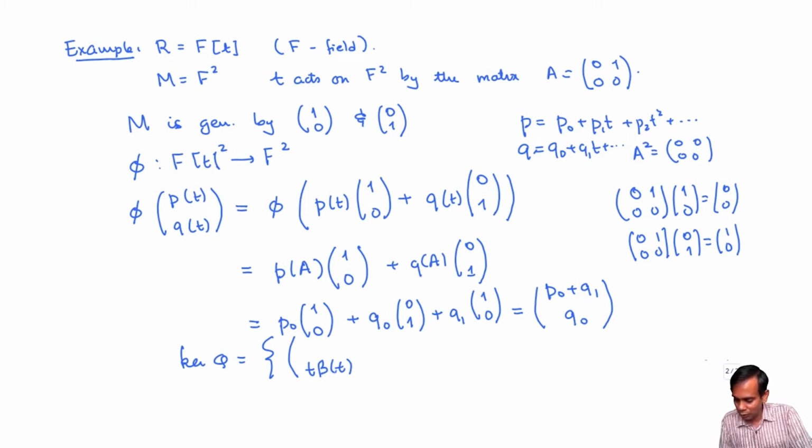which is the negative of the constant term of beta. So I can write p as minus beta(T) plus T times any other polynomial alpha(T). As long as I have these constraints, these things will be 0, where alpha(T) and beta(T) are in F[T].